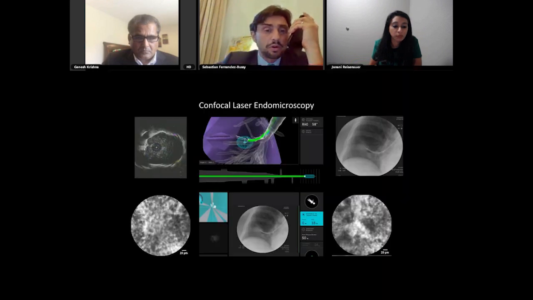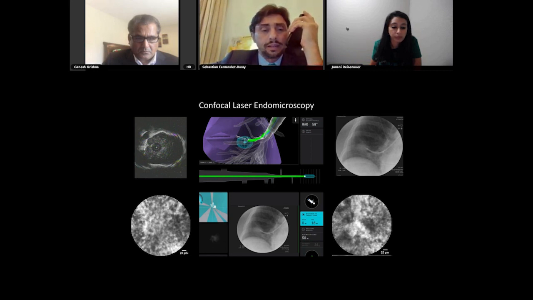So, for example, for confocal laser endomicroscopy, as you know, this is a laser fiber that is able to see actually at cellular levels using the fluorescence of the tissue, and we are able to see actually the cells and the tissue structure.